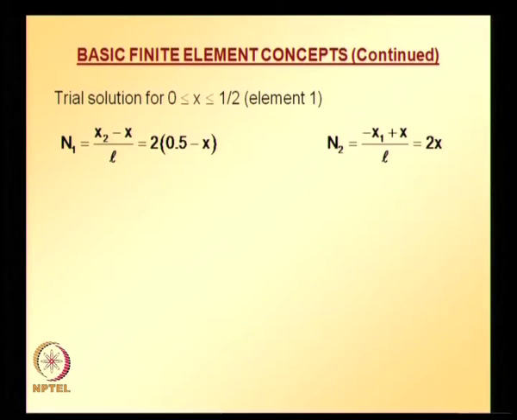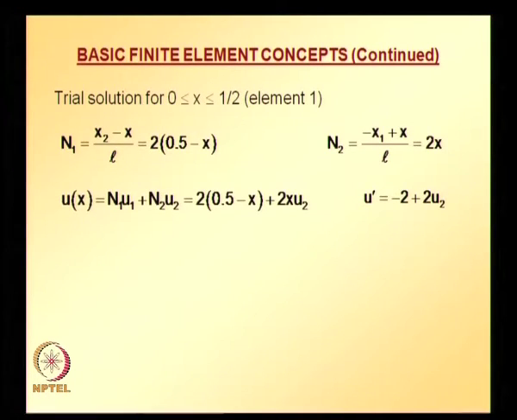For element 1, local nodes 1 and 2 coincide with global nodes 1 and 2. So, you can plug in the corresponding spatial coordinates of the nodes and get N1 and N2, and once you get N1 and N2 you can write the approximate trial solution. Here the u1 value is also substituted, u1 is equal to 1, that is already given, and the derivative of u, you can easily check, turns out to be minus 2 plus 2 u2.